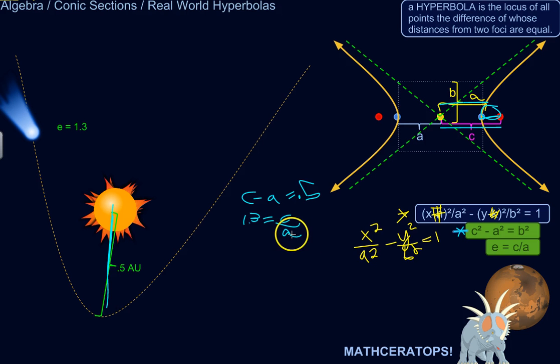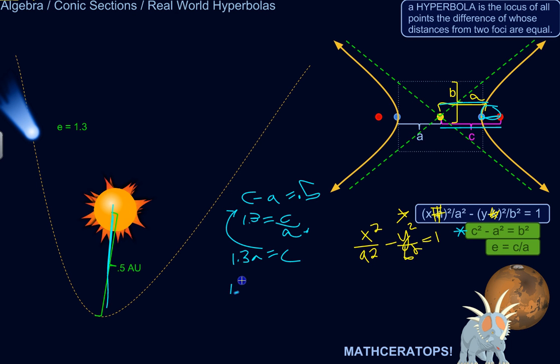Let's rewrite this. I'm going to multiply both sides by a, so that 1.3 times a equals c, and I'm going to use substitution to solve for a up here. If c equals 1.3a, then I'll just put 1.3a here.